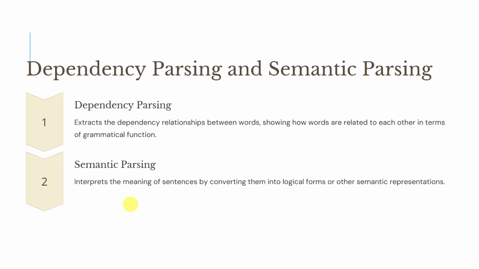Based on the grammatical function, it correlates the relationship between the words. And in semantic parsing, without simply joining the words, we understand the logical forms to interpret the meaning of sentences with the help of logical forms.